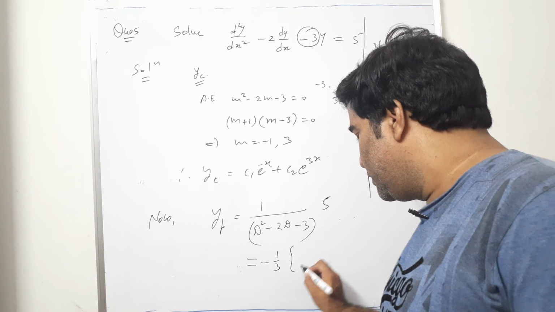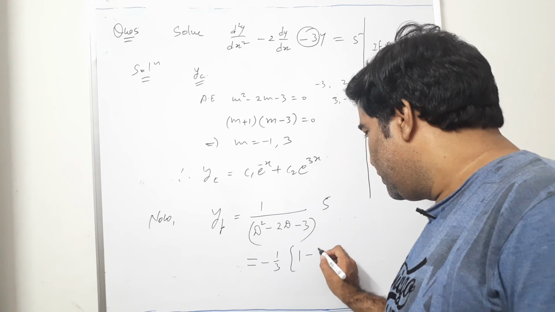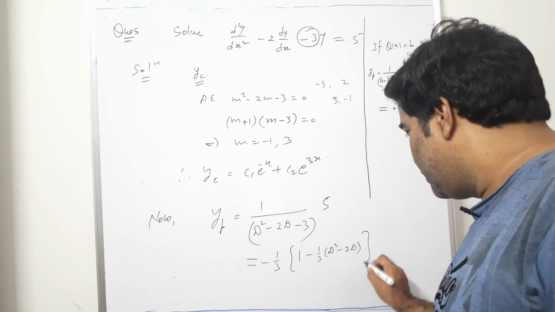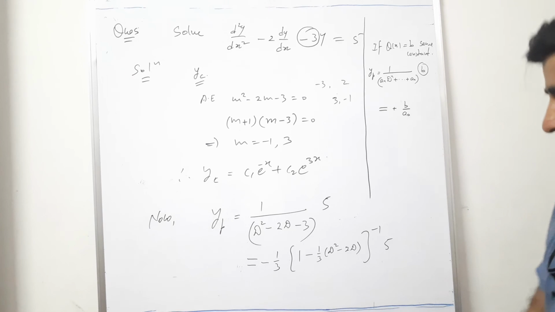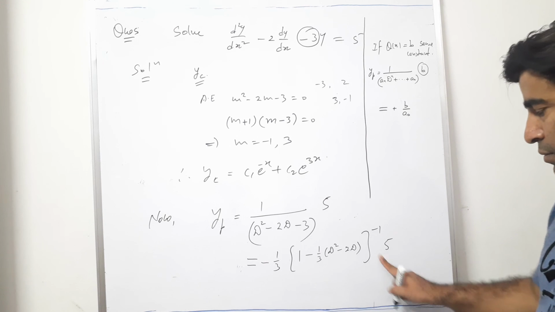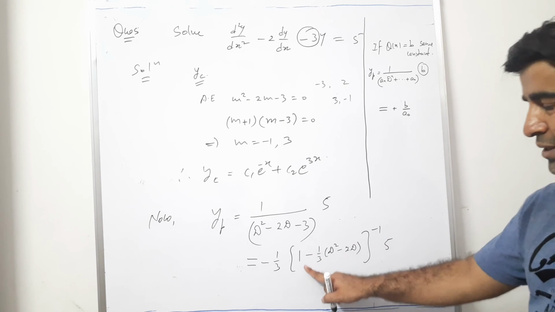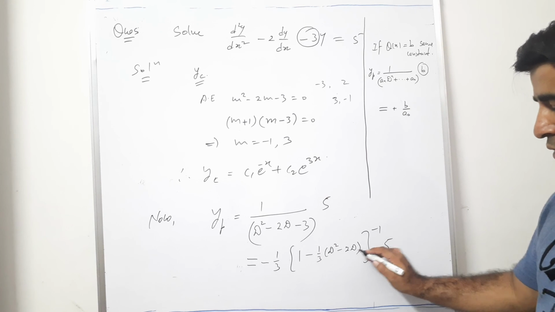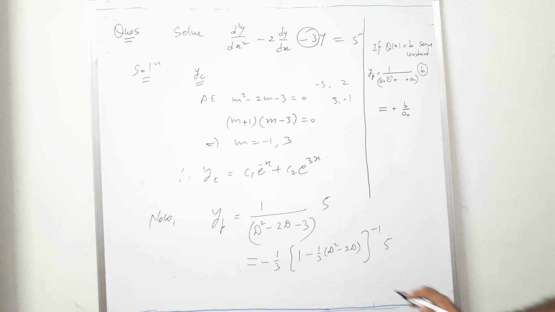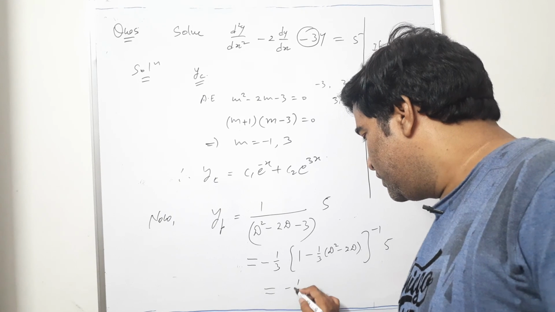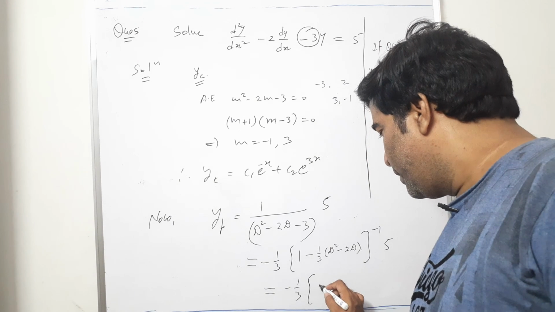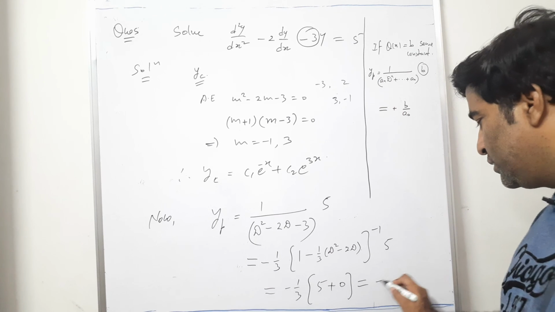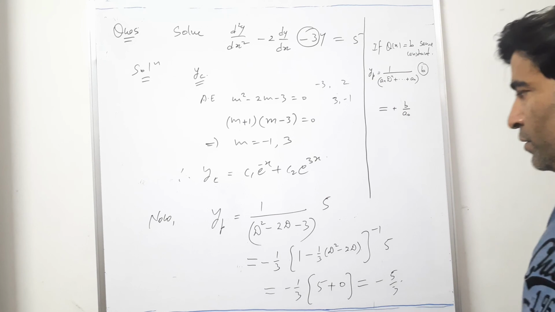Here we have −1/3 (1 − (D² − 2D)/3)^(−1) of 5. Because this is a polynomial of degree 0, we can take only the first term, because when we operate on 5, the derivative of a constant is 0. So this is 5/3 with all other terms 0.